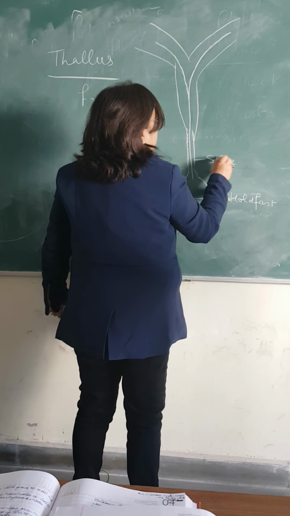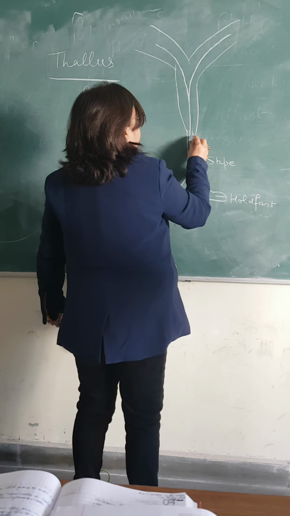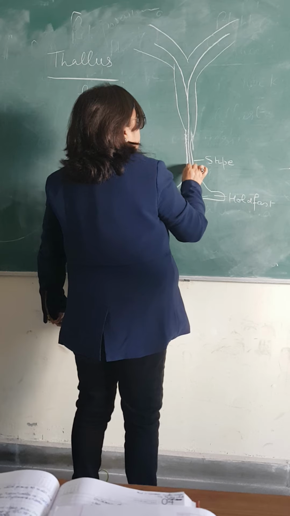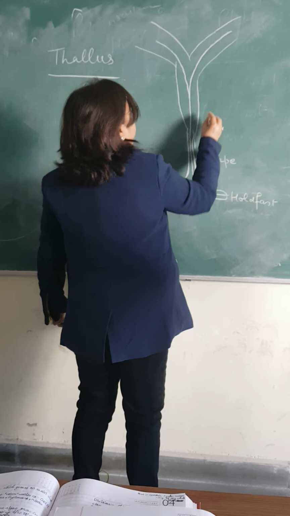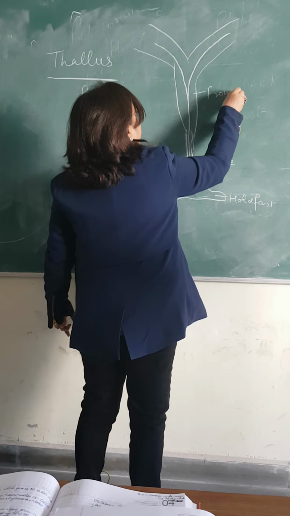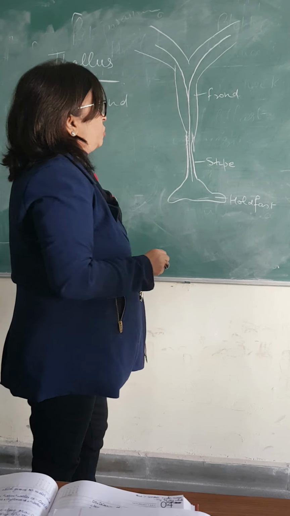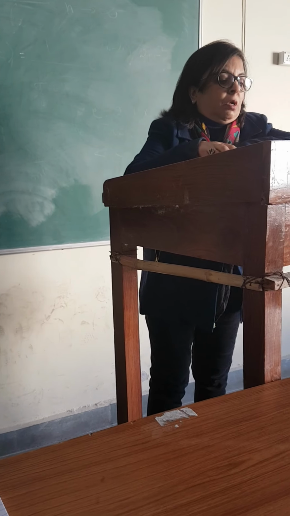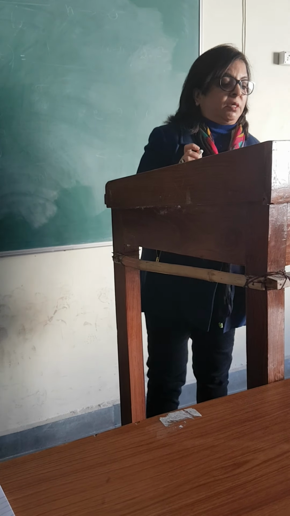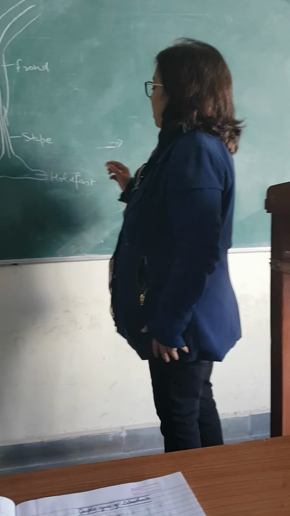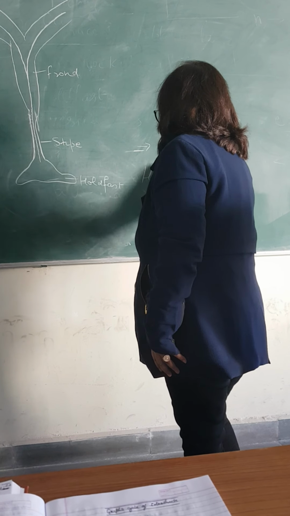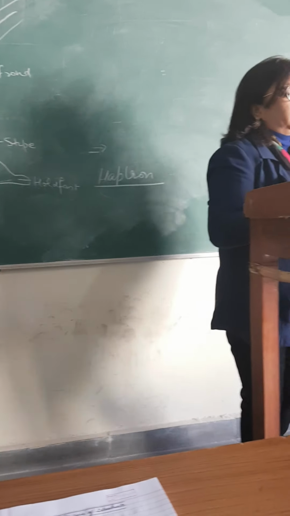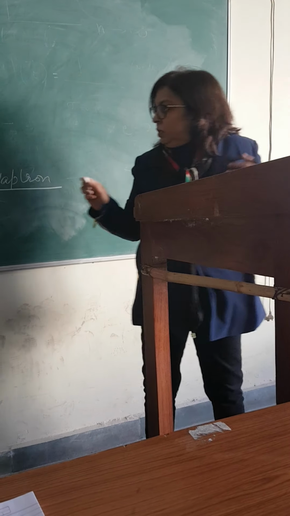This top-right portion, which basically consists of the midrib only, is known as stipe. The upper portion is known as frond. Holdfast is also known as hapteron.